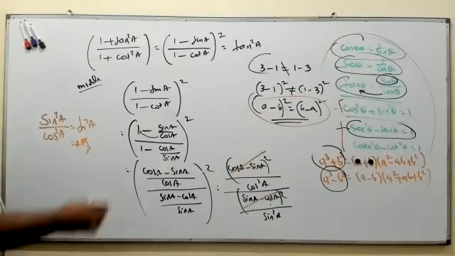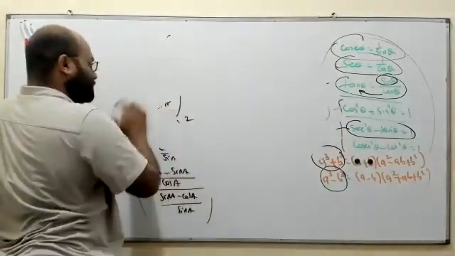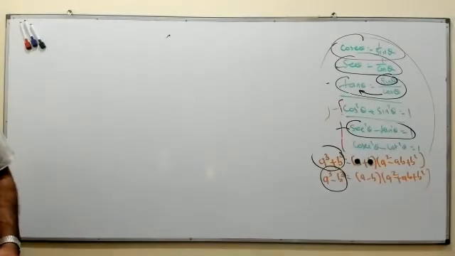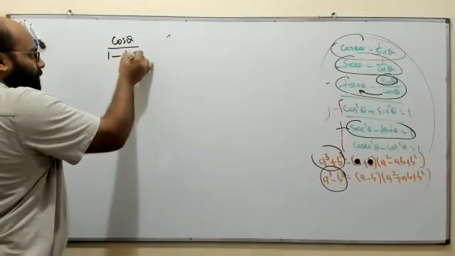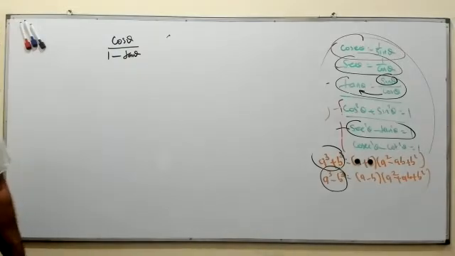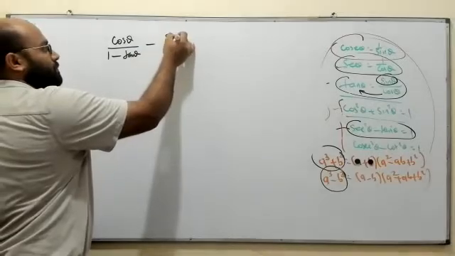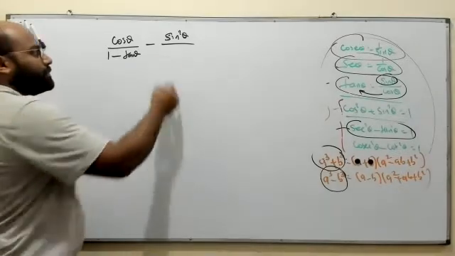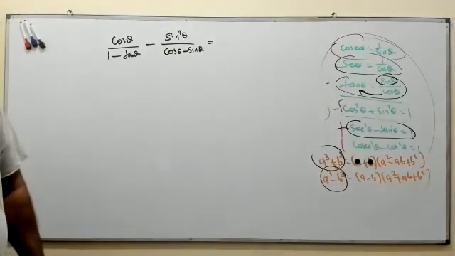Next question. Prove that cos theta by 1 minus tan theta minus sin square theta divided by cos theta minus sin theta is equal to cos theta plus sin theta.